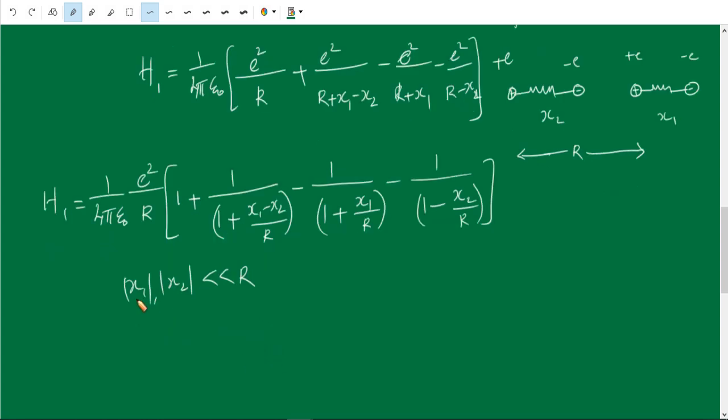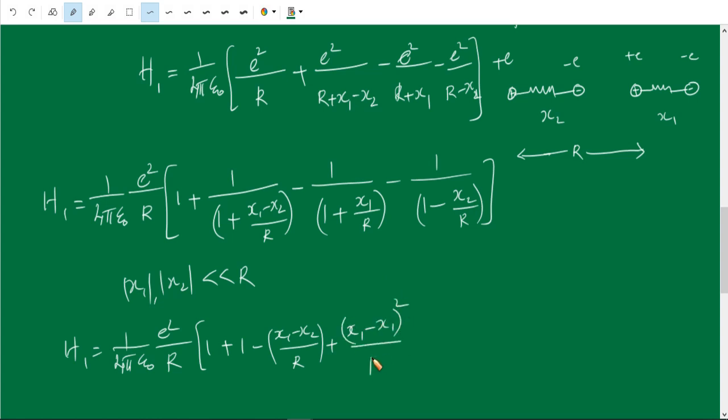Then we can write H1 as follows. The first term is 1 minus x1 minus x2 divided by r, plus, with minus 1 minus 2 divided by 2 factorial, x1 minus x2 whole square by r square.